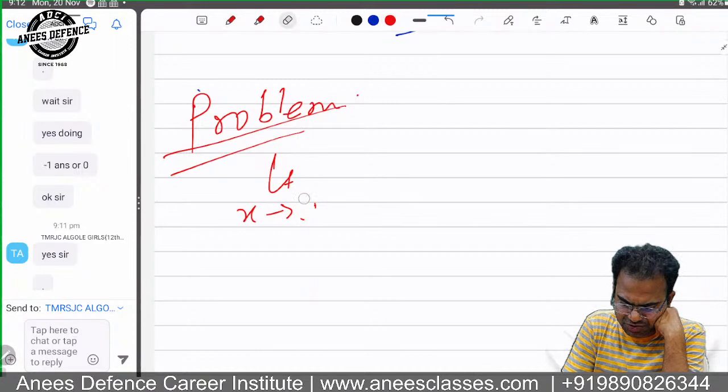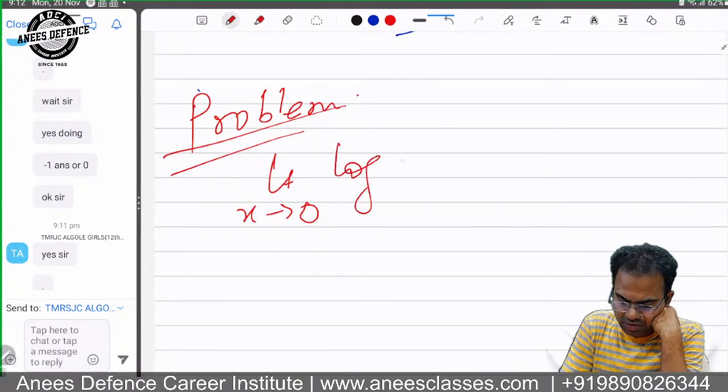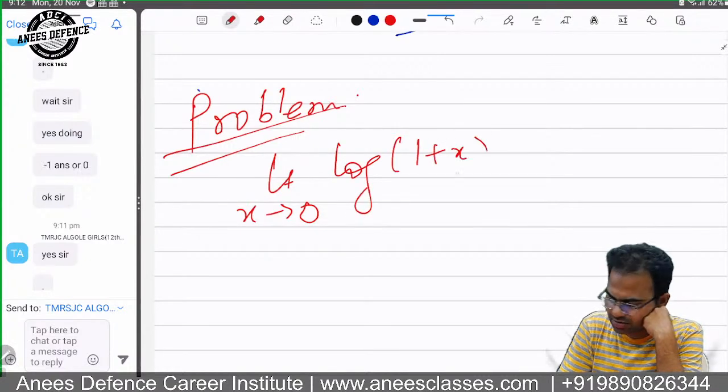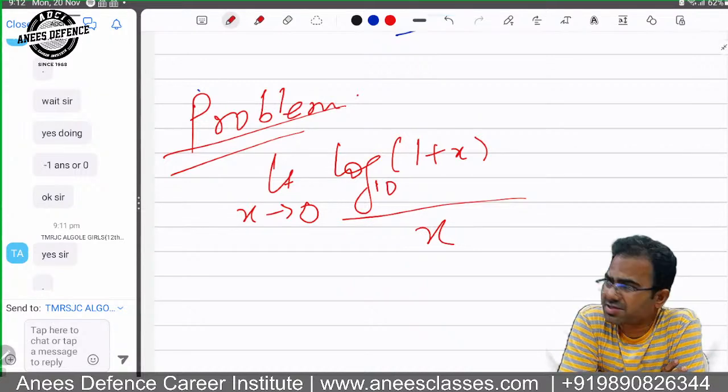I will change the question. Limit x tends to 0, log of 1 plus x to the base 10 upon x. Find the limit of this question. This is a very easy question, okay?